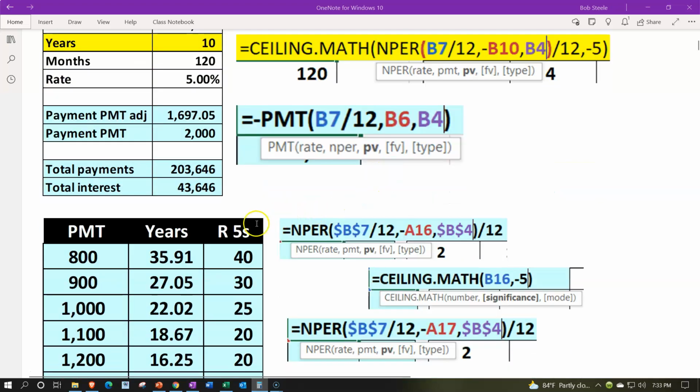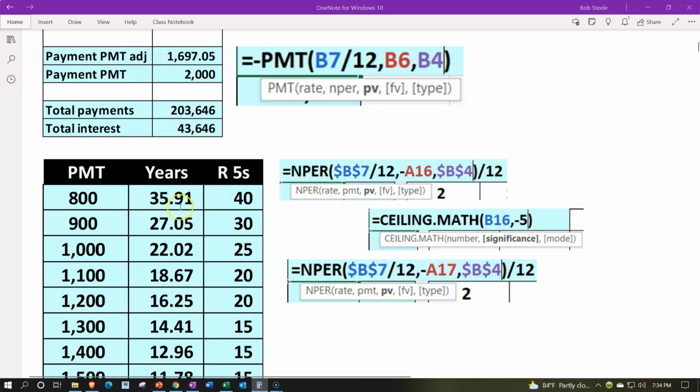And then the second column is going to round it to increments of 5, that being our ceiling.math function, the embedded part we did here. So we'll do it in a two-part method so you can kind of see these formulas a little bit more easily. So for this first one, if I had 800 on the payment, we would have the equals NPER, number of periods, is going to be our unknown.